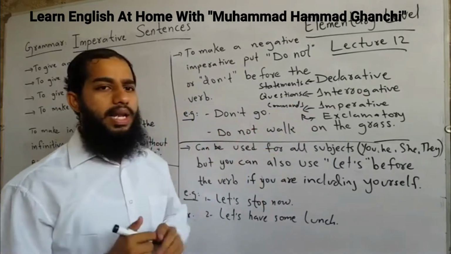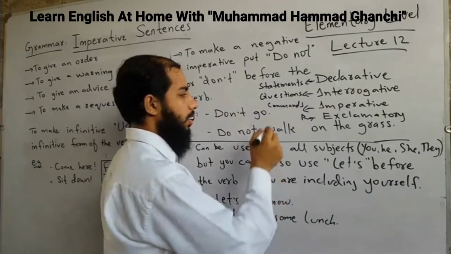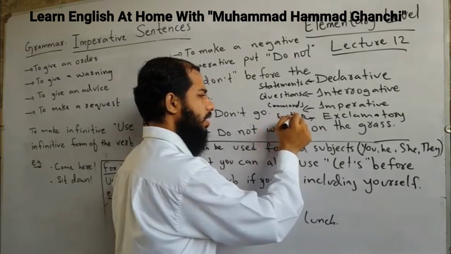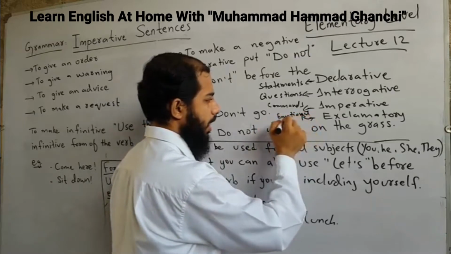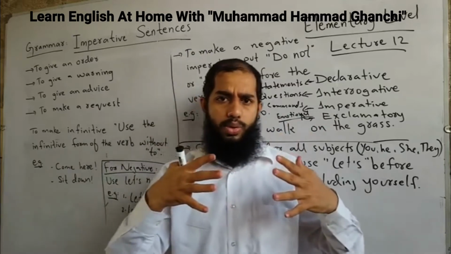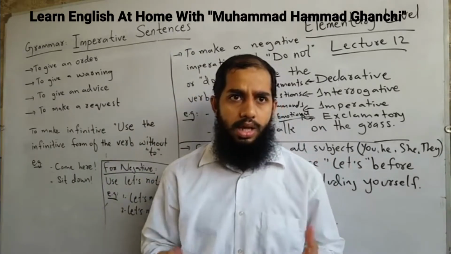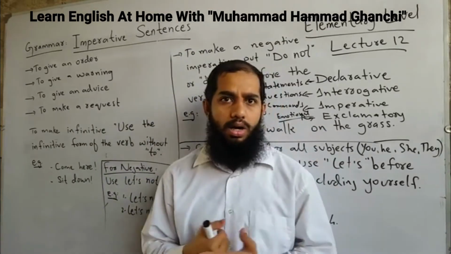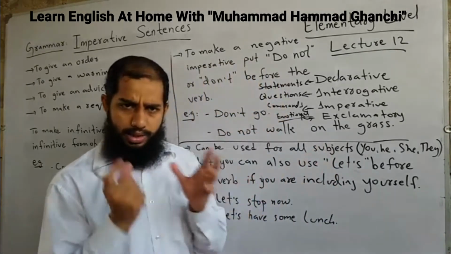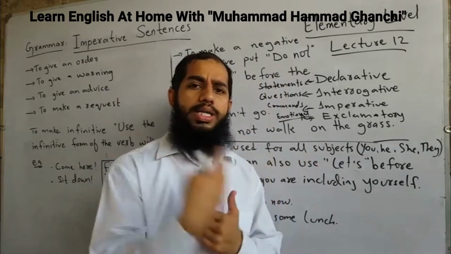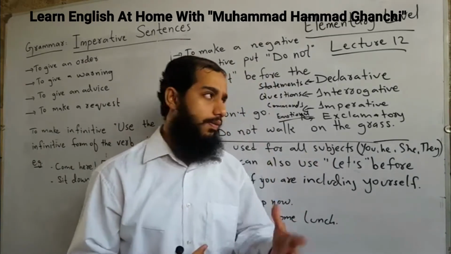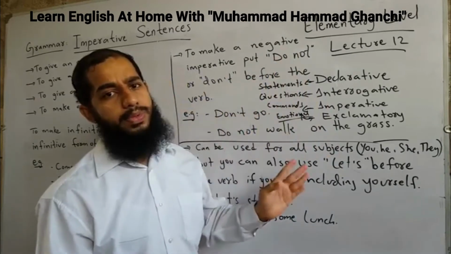Exclamatory sentences are basically emotion. Whenever you want to express your feeling, there we use exclamation, in easy words. When we go into detail, you will learn the different uses and purposes of different types of sentences.